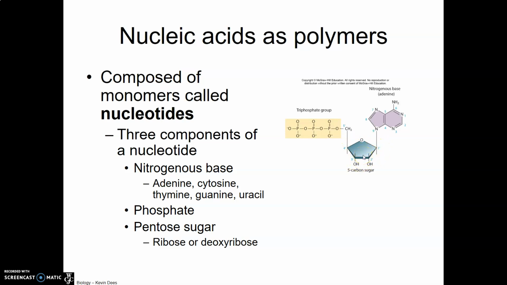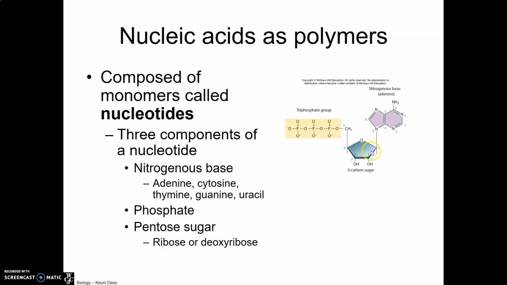Now the pentose sugar type will depend on whether we're talking about a molecule of DNA or RNA, because in a molecule of RNA, the 5-carbon sugar is ribose. In a molecule of DNA, the pentose sugar is deoxyribose.